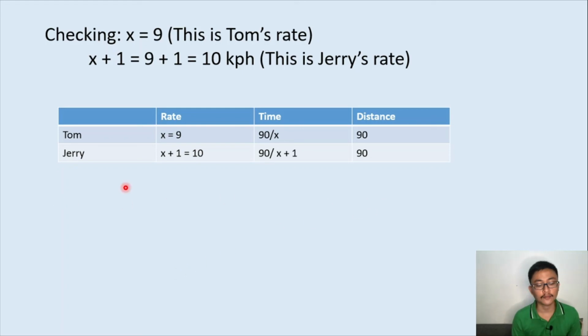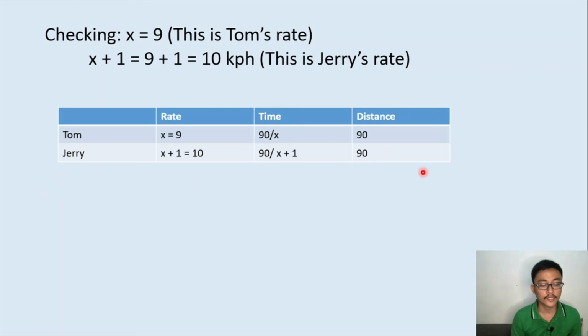So, that is how we deal with word problems. Sa case ng distance problem, we can use tables. And we always have to let some variables where we assign variables, no?